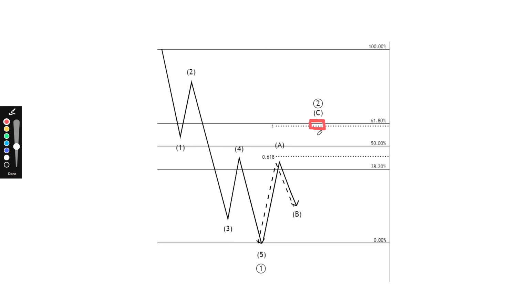I would be watching very closely to see how price reacts to this level, simply because I have drawn a Fibonacci cluster right in this area, and I anticipate at the very least this level will provide resistance and quite likely will be the area where wave C stops, and then we get the next bear move to the downside.